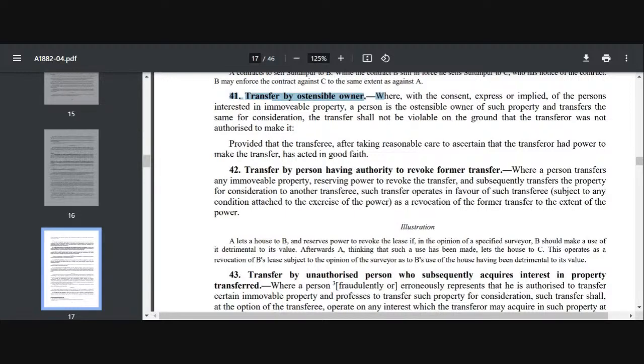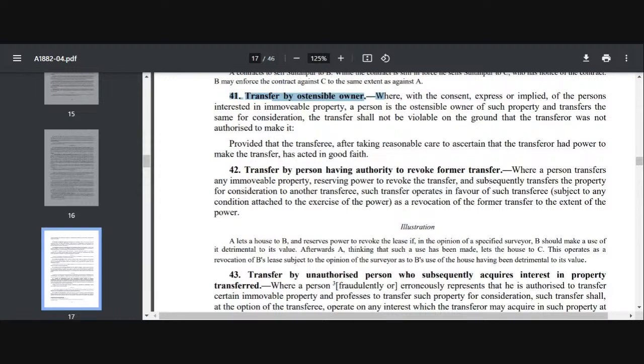Ostensible means apparent, right? An ostensible owner is a person who has all the indications that he is the owner, but actually he is not the owner. So an ostensible owner has all the indications of ownership. He looks like the owner of the property, but actually he is not the real owner, right?